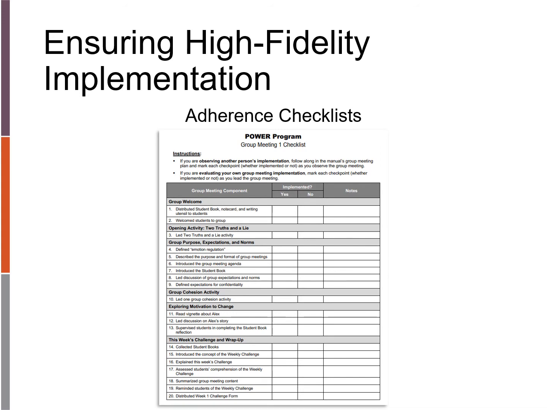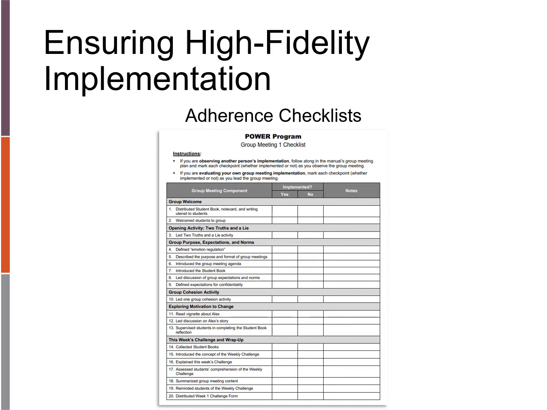The POWER program adherence checklist can be used to monitor and evaluate intervention implementation. These checklists can be completed by POWER program group meeting facilitators as a self-assessment tool, or by school-based professionals as an observation tool.